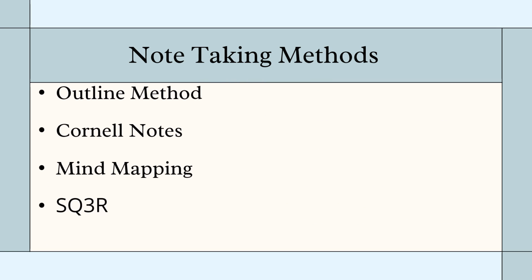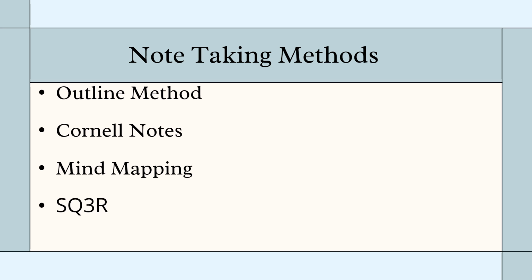Now let's look at 3 types of note-taking strategies. One or more of these strategies may be ideal for you depending on your learning style and the materials you are working with. These strategies can also be used both during class and when you're studying. Student support staff can also provide you with more direction and support for using these strategies.